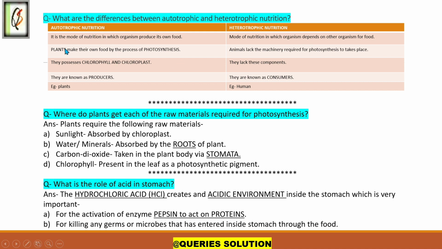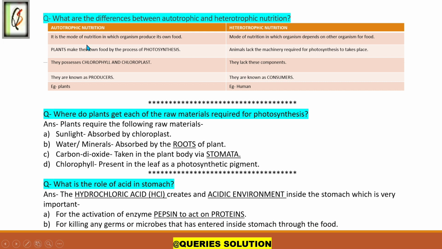The examples of the autotrophic mode of nutrition are plants, and that's why we call them autotrophs, because there is a difference between autotrophic and autotroph. Trophic is the mode of nutrition, and autotrophs are the examples of the organisms showing the process mainly. So don't get confused.